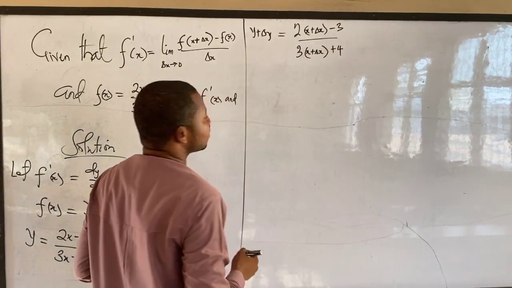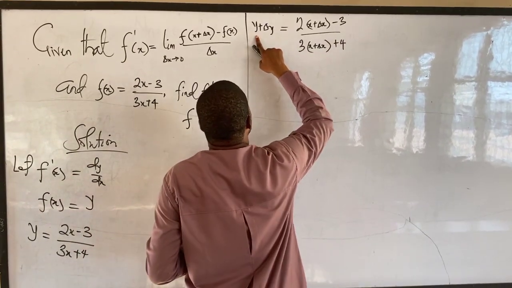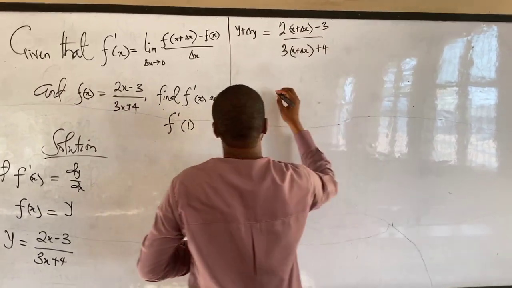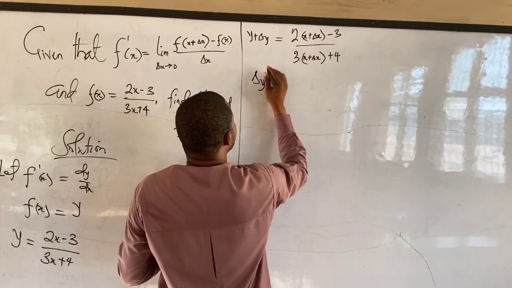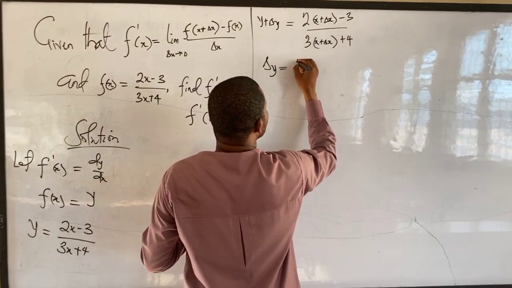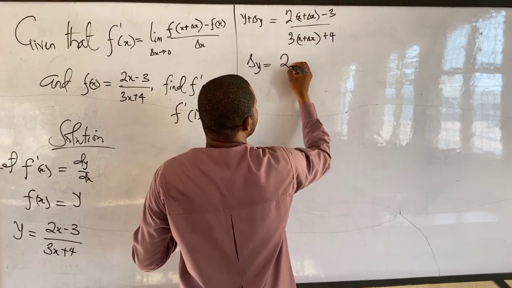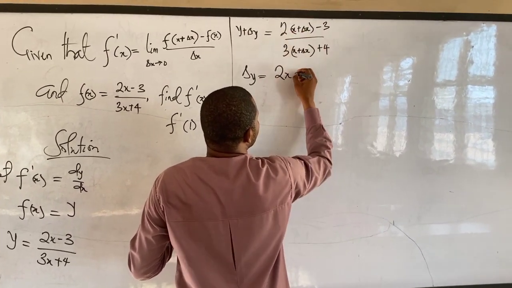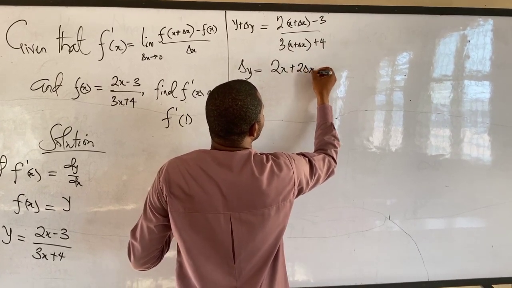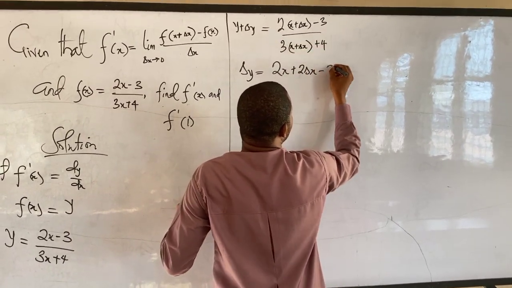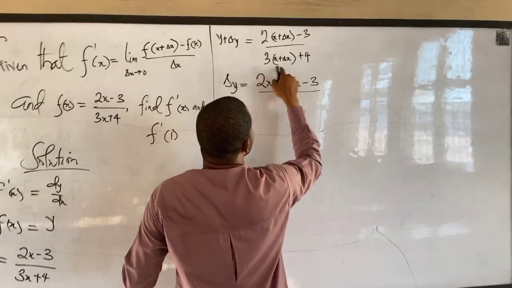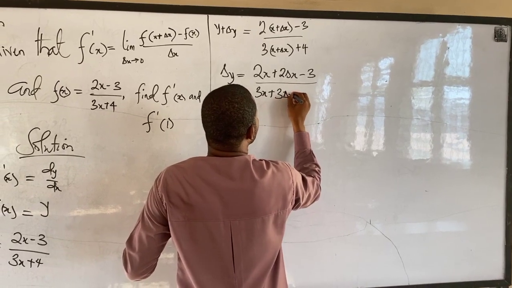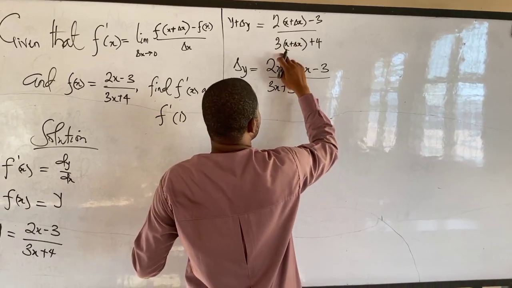As simple as that. Now, I'm going to transfer this y to the right hand side of the equation. By virtue of that, I will be left with change in y is equal to 2, opening the bracket, 2 times x gives me 2x, 2 times change in x, that is 2 change in x. What am I left with here? Minus 3 over 3x plus 3 change in x, as you say, 3 times x plus 3 times change in x.